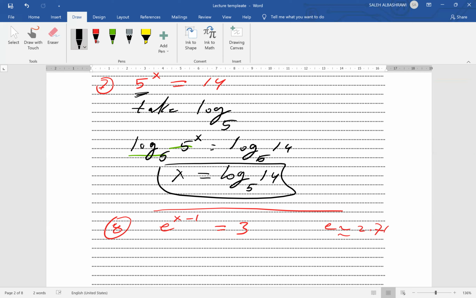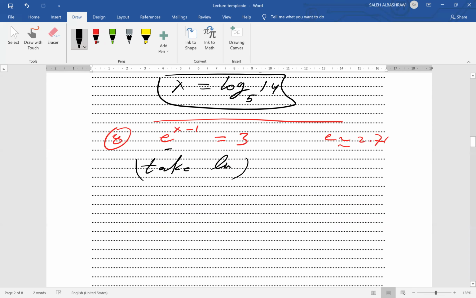Since we have the base e, I will take ln to both sides. So it is ln of e to power x minus 1 equal to ln of 3.